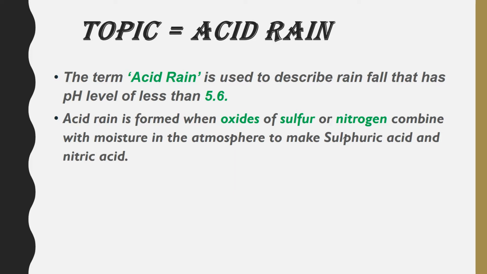So if the power of hydrogen is less than 5.6, it means this solution is acidic. So here also the acid rain has a pH which is less than 5.6, and therefore it is called acid rain.